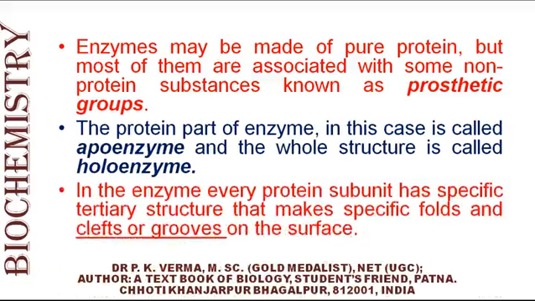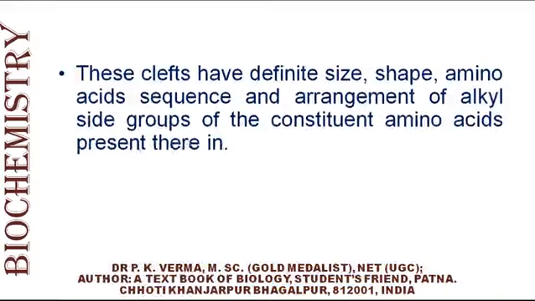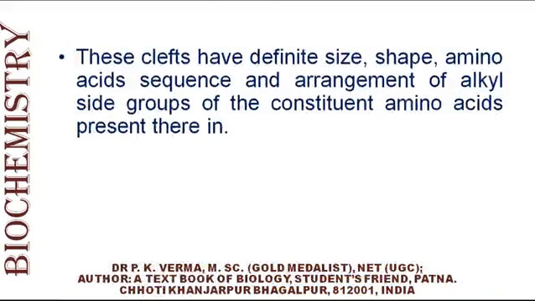In the enzyme, every protein subunit has a specific tertiary structure that makes specific folds and clefts or grooves on the surface. These clefts have definite size, shape, amino acid sequence, and arrangement of alkyl side groups of the constituent amino acids present therein.